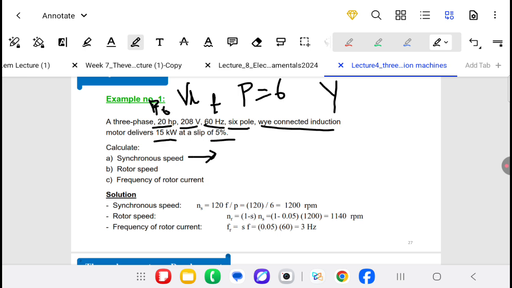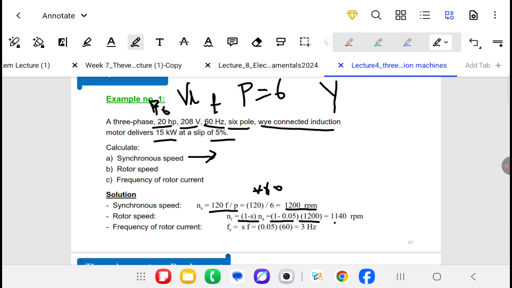Ns equals 120 times the frequency over the number of poles. 120 times 60 divided by 6. We have synchronous speed equals 1200 RPM. The rotor speed Nr equals 1 minus S times Ns, which is 1 minus 0.05 times 1200.